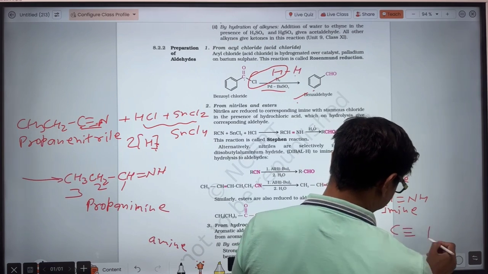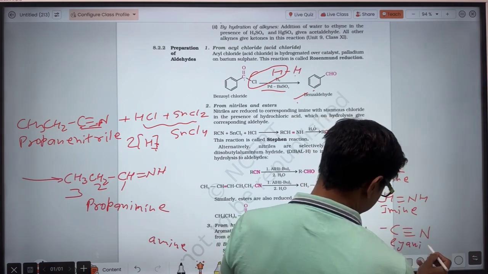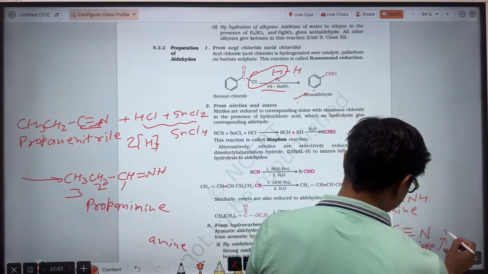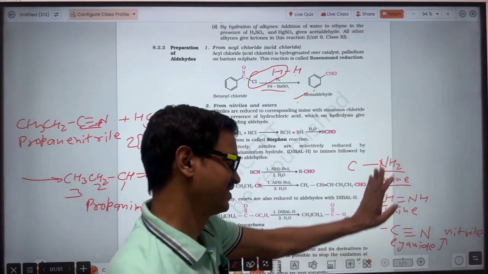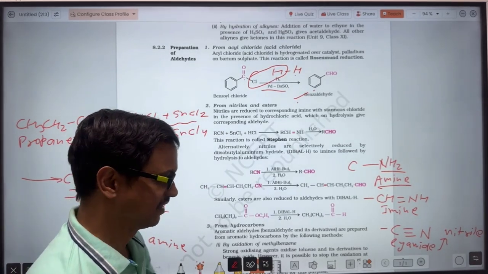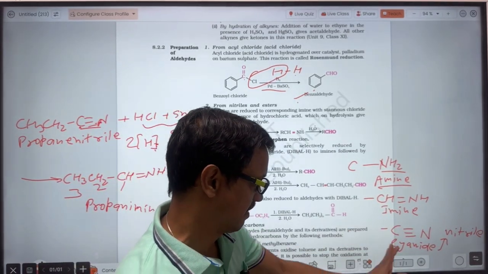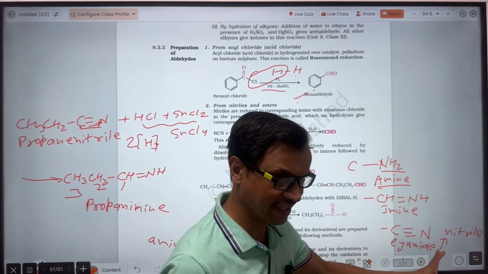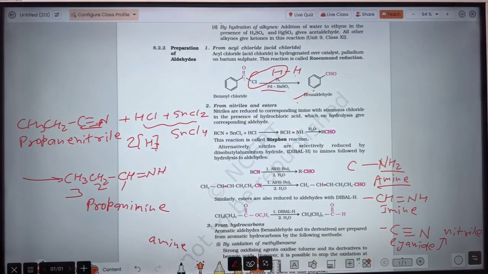And if there is a triple bond between carbon and nitrogen, that is called cyanide, and the suffix we use is nitrile. For amine, the suffix is also amine. For imine, the suffix is also imine. And for cyanide, the suffix used is nitrile. So propanimine forms.